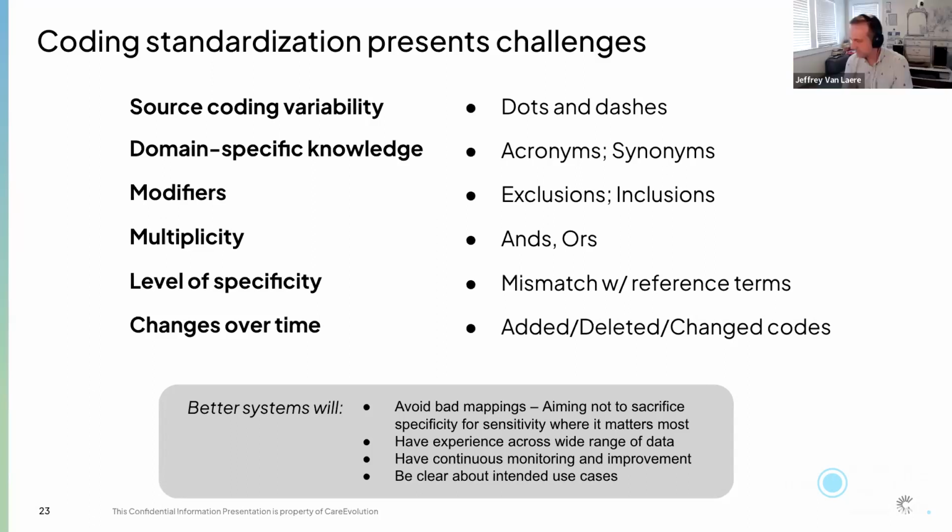You don't want to be sacrificing specificity for sensitivity, and you need to have experience over a wide range of data, because with data from one system, maybe you've optimized sensitivity and specificity of your mappings there, but as soon as you bring on data from another new system, your balance may be thrown off, and so you need to be continuously monitoring and adapting.